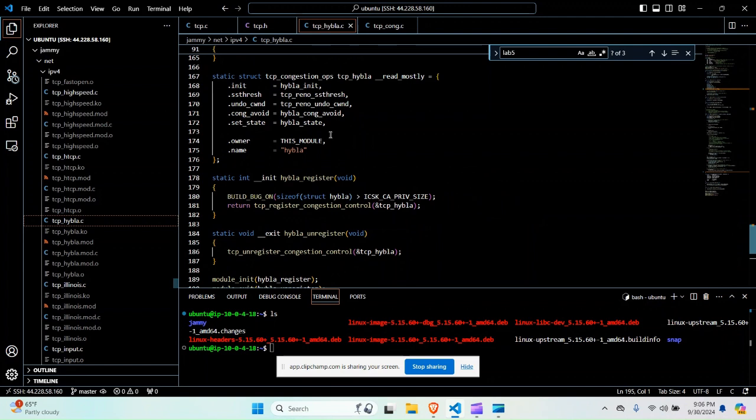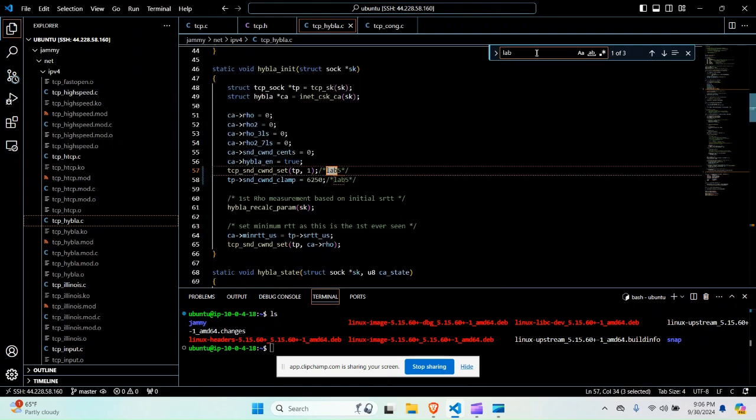Now let's go to TCP Hybla. TCP Hybla is a separate TCP algo. In TCP Hybla, we changed two things, or three. Here we basically changed the congestion window from 2 to 1. We decreased the congestion window size from 2 to 1, and we also decreased the central congestion.